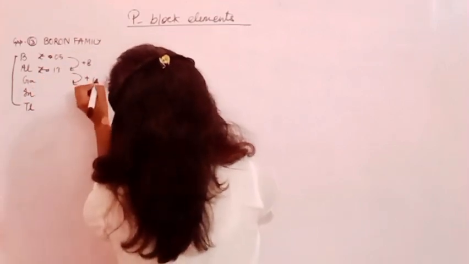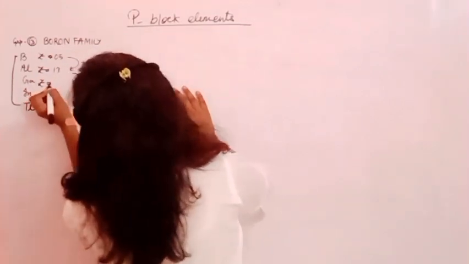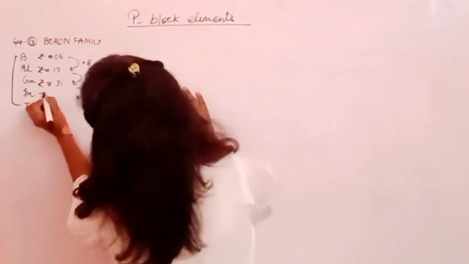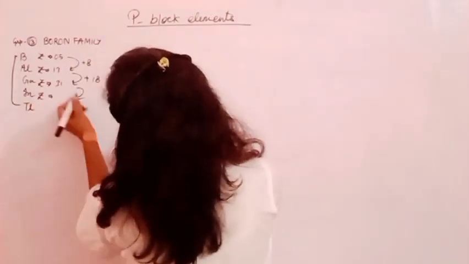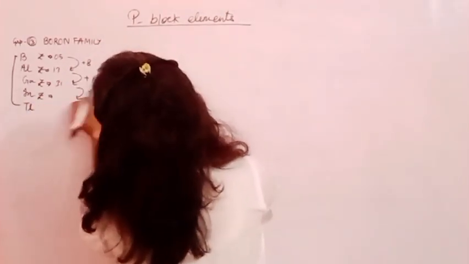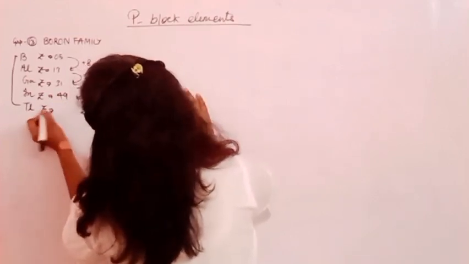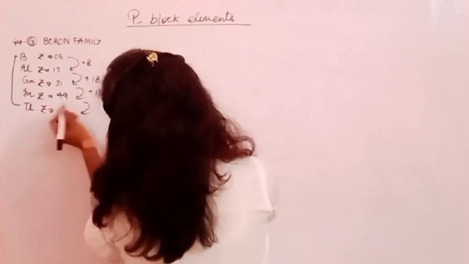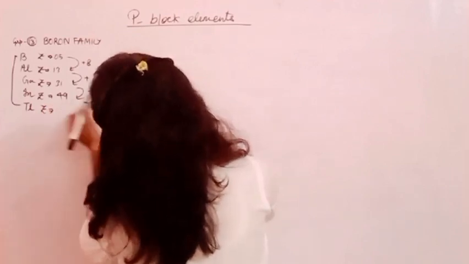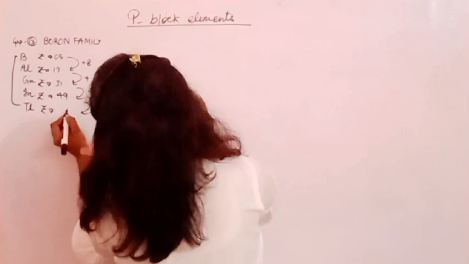Adding again 18, you would come across 31. Again adding 18, Z equals 49. Again adding 32, you would come across 81.